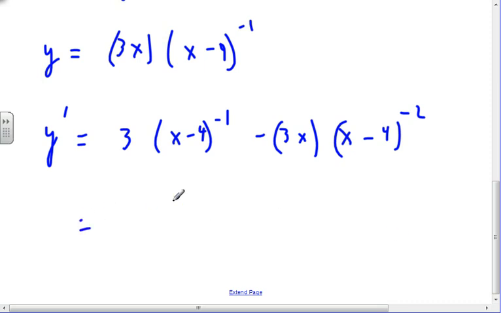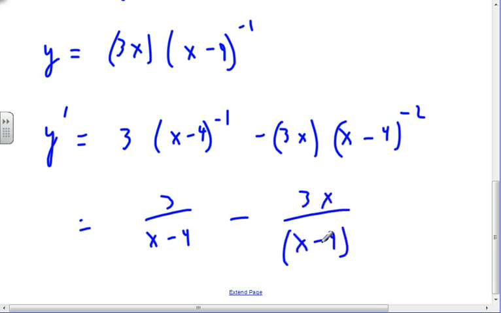And then I'd rewrite it 3 over x minus 4 minus 3x over x minus 4 squared.